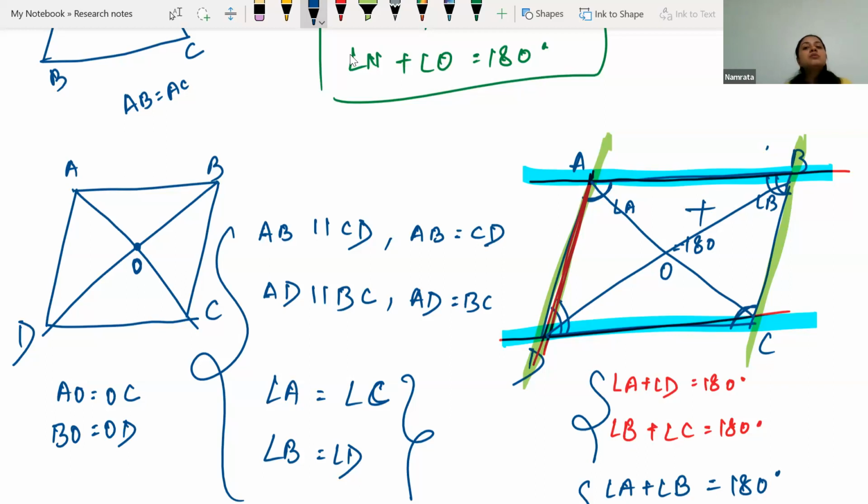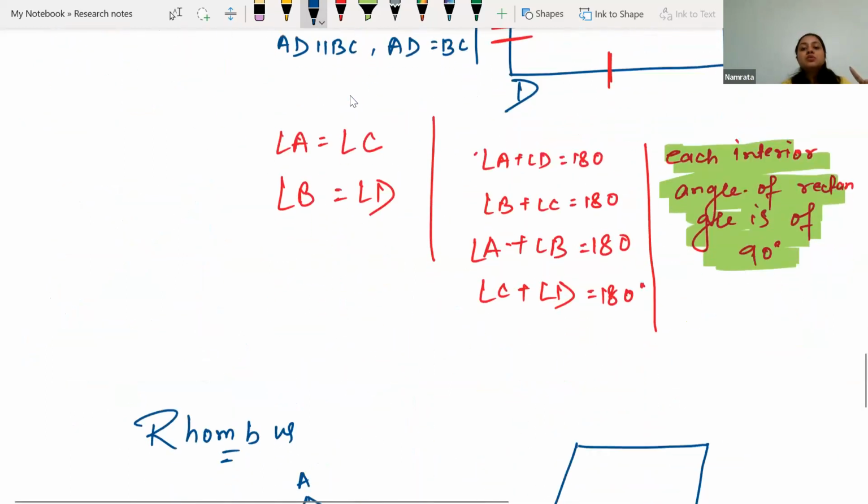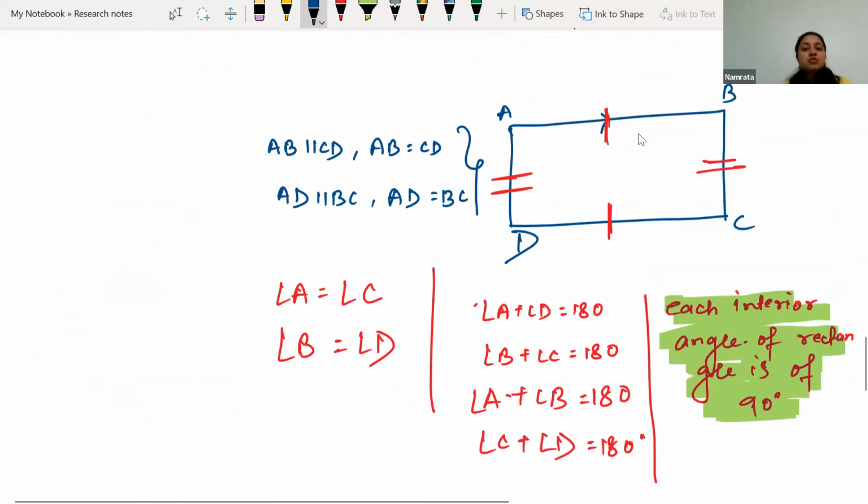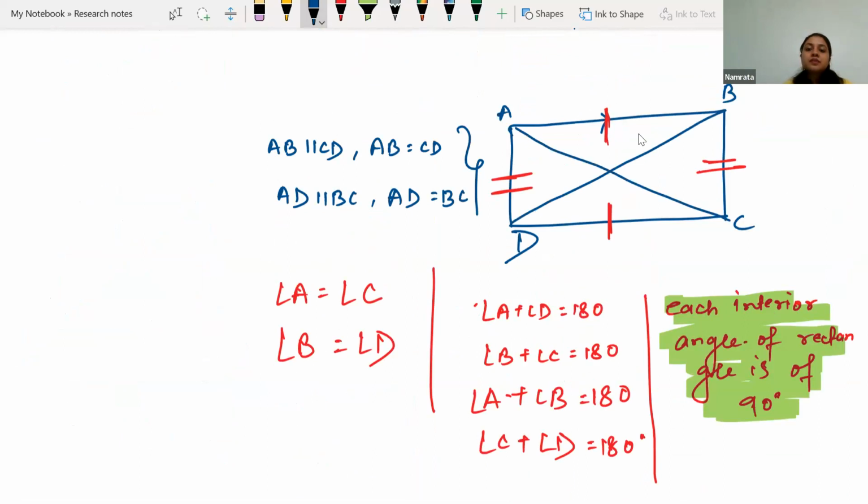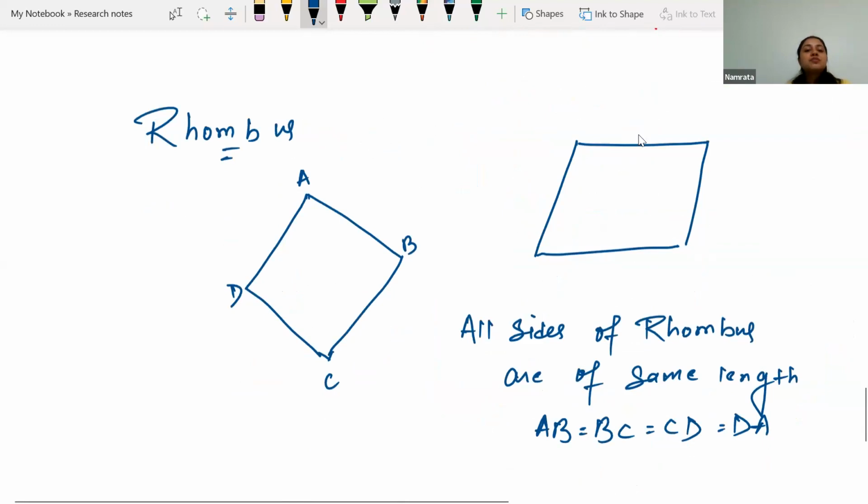So the diagonals of a parallelogram bisect each other. Both diagonals will cut each other into equal parts. So that is also a property of a parallelogram. That means a rectangle will also follow this property of the parallelogram. And a rhombus is also a parallelogram in the first place.